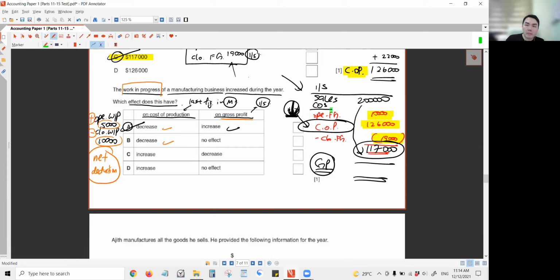You understand what I'm talking about? The income statement. You have sales here, and cost of sales is the figure here, right? If the cost of production decreases, it makes cost of sales lower, right? Therefore, profit will be higher. How do I know?